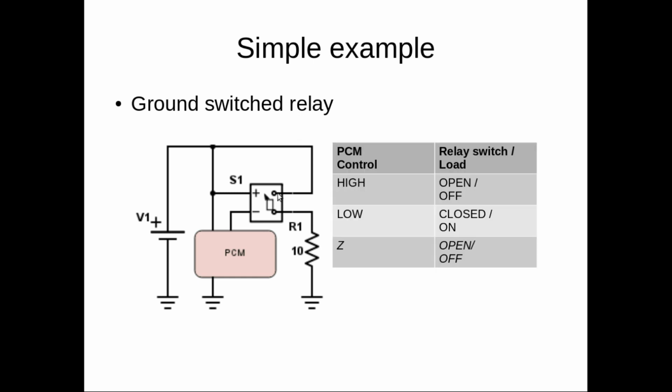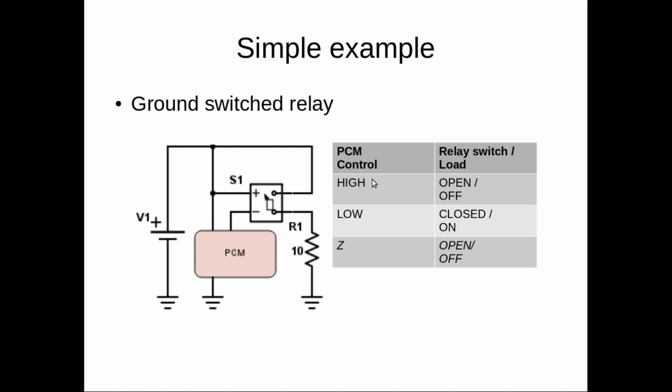So the PCM control can be high, and if it's high, then there will be no current going through the relay. So the switch will be off and there will be no power provided to the load. So that allows us to fill in one of the rows of the truth table.